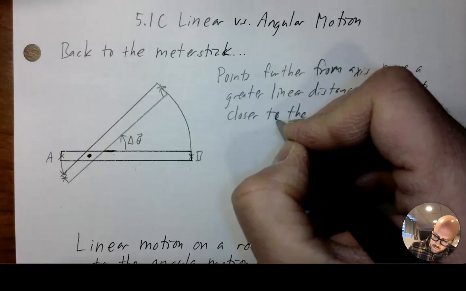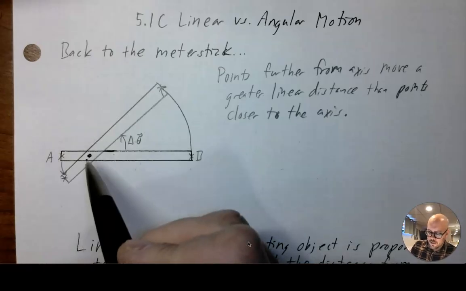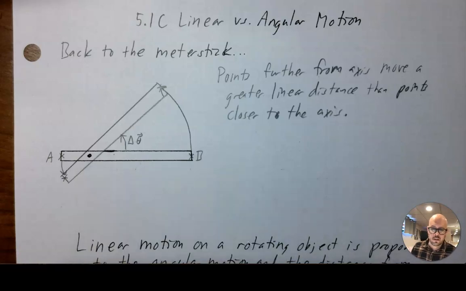Now, no point moves less distance than the axis itself. It doesn't have a linear displacement at all. But as you go in either direction, the further you get from the axis, the greater a linear distance those points move. So we have two important takeaways.